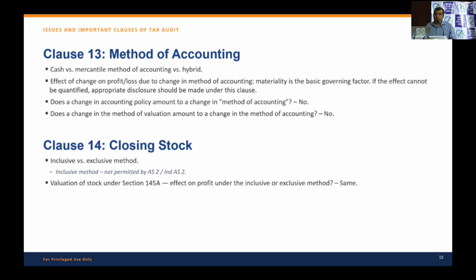Therefore, the Institute has prescribed one table or one chart where you do all the adjustments: if you follow the inclusive method, what would be the impact on closing stock, purchase, sales, and so on and so forth, and come up with a number whether there is an impact or not. Typically, there is no difference as far as profit is concerned between the inclusive and exclusive method.